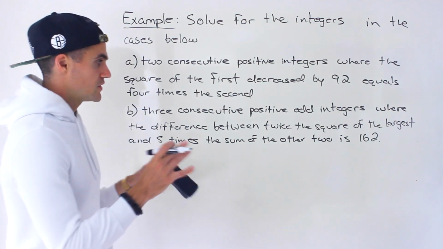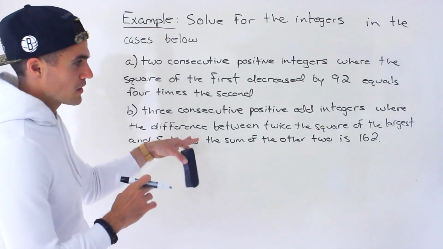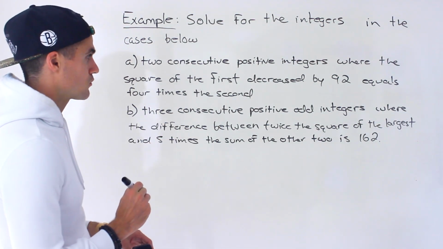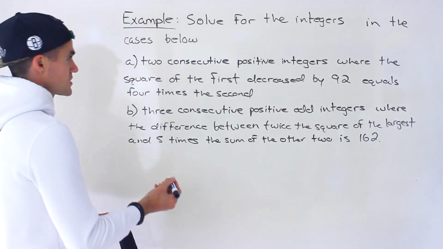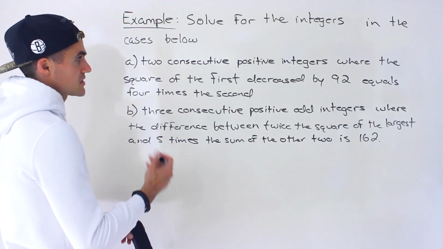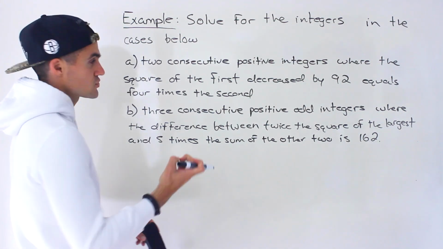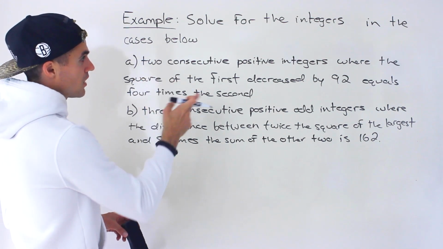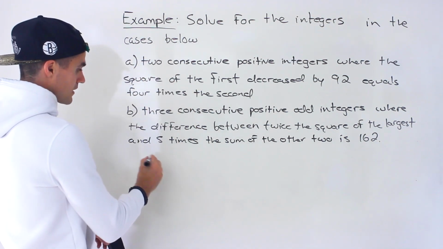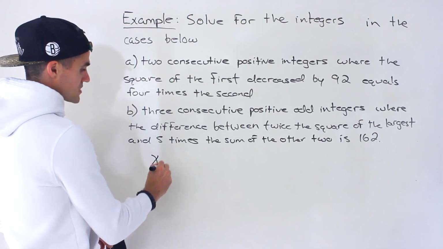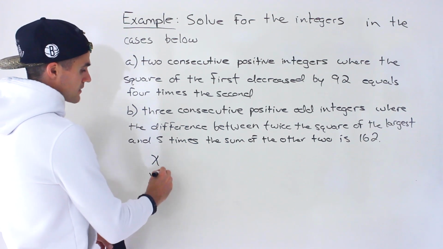Okay, so we've done questions like this before. These are maybe a little bit more complex, but the same sort of process applies. What you want to do is set up expressions for the integers that you're solving. So two consecutive positive integers: we could represent them as x and x plus 1.